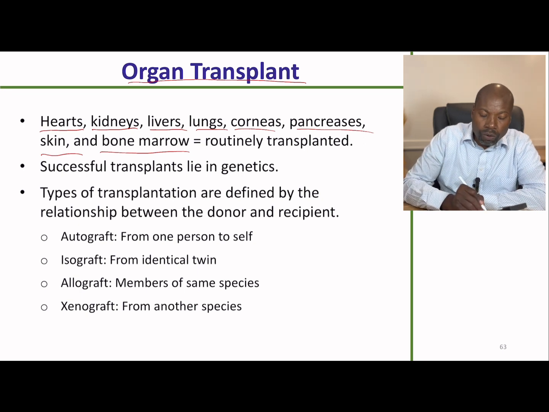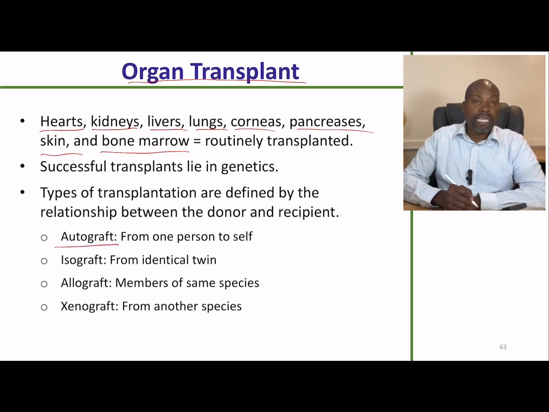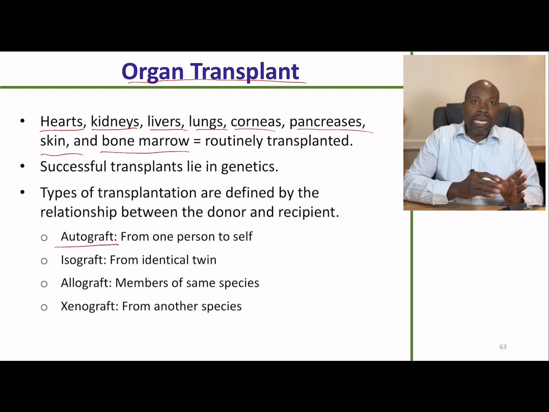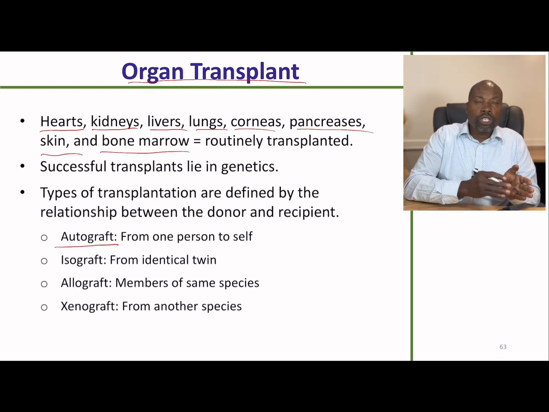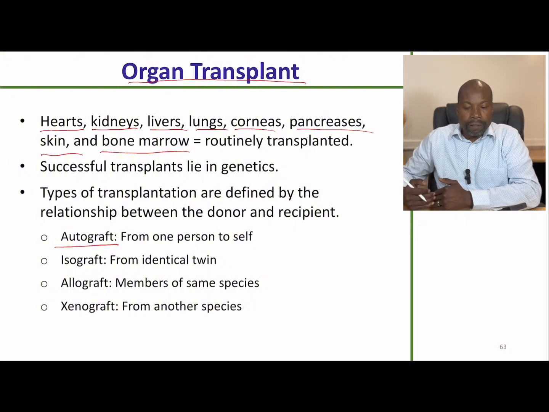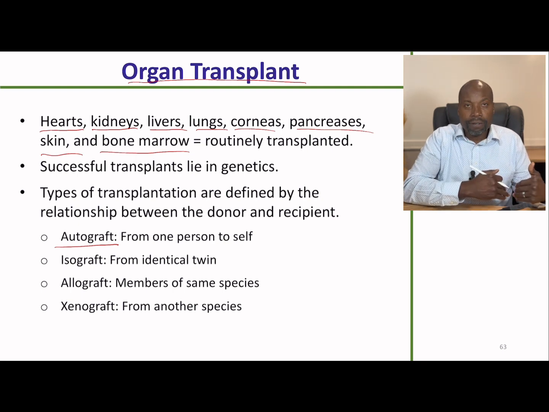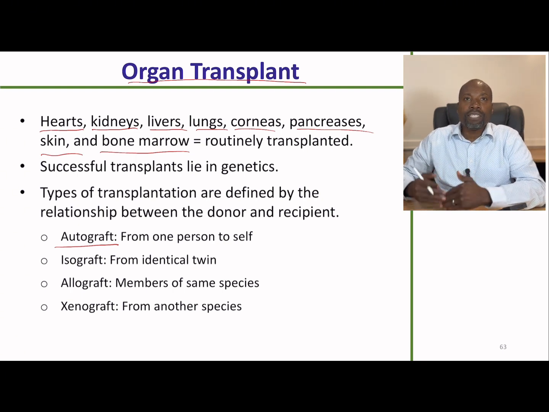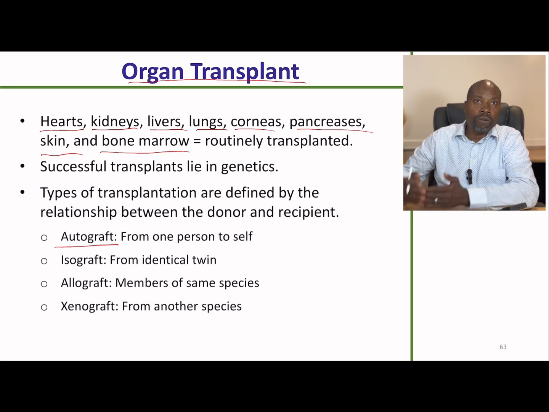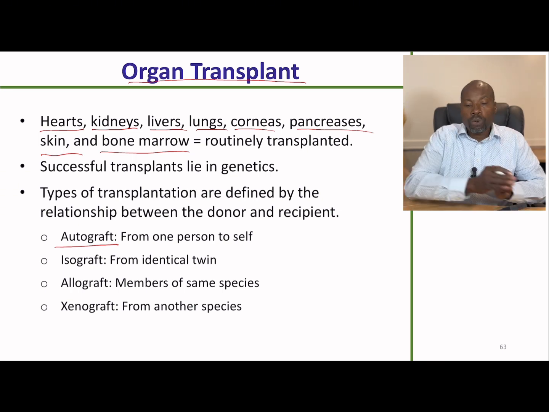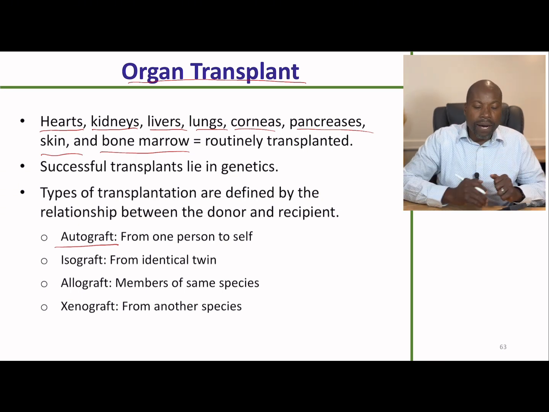We have autograft. Autograft is basically when an individual is donating tissue for its own sake, right? So I'm giving skin to myself, you are giving skin to yourself, from location A to location B on the same body.